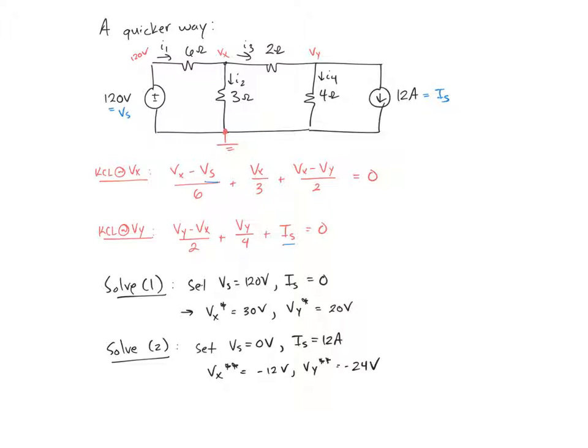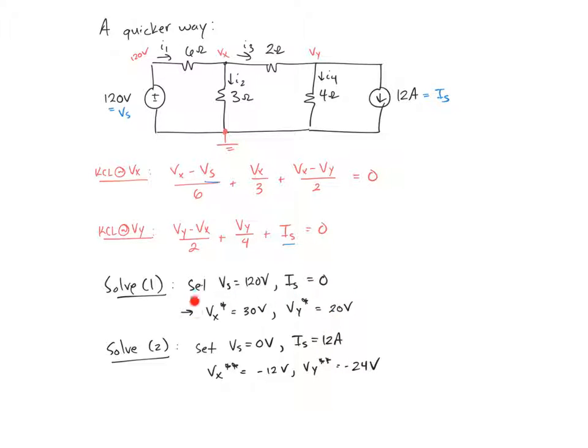And then, in order to find the individual contributions of the sources, instead of solving the circuit plugging both values for Vs and Is in, I'm going to solve the system twice. The first time, I'm going to set Vs equal to 120 and Is equal to 0.